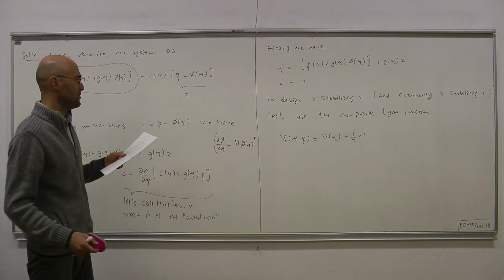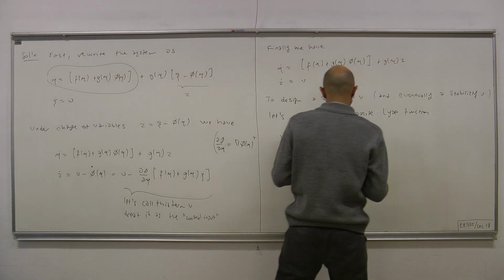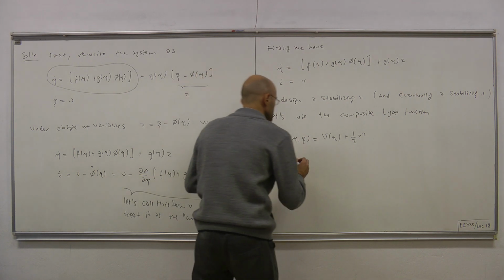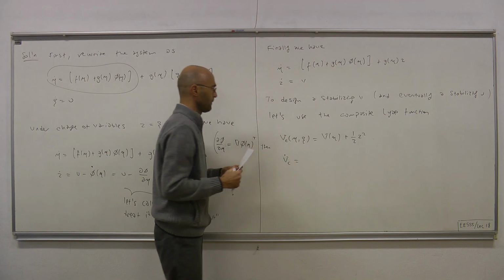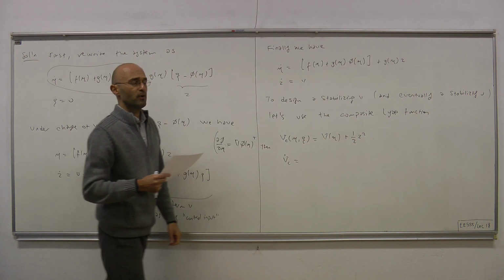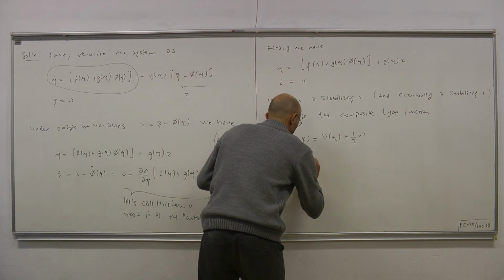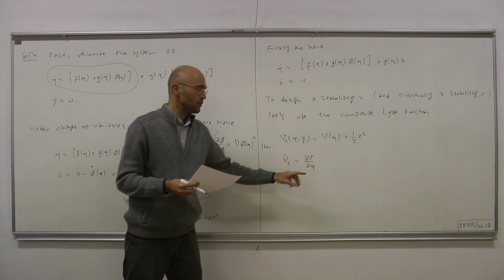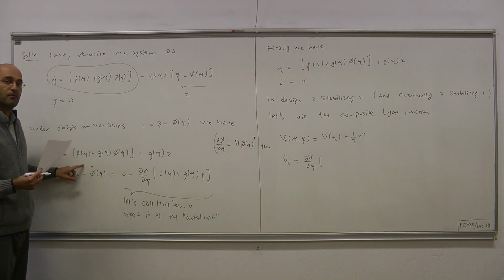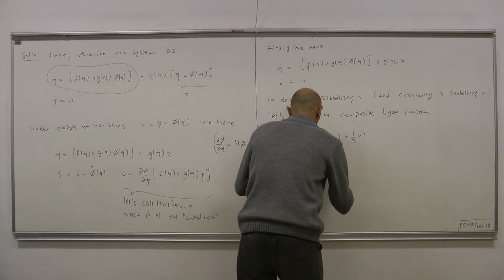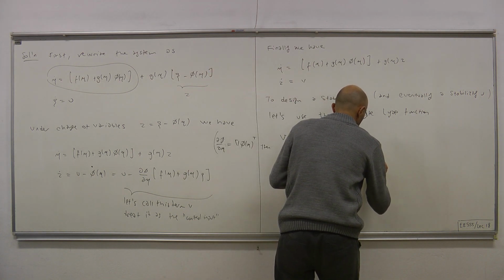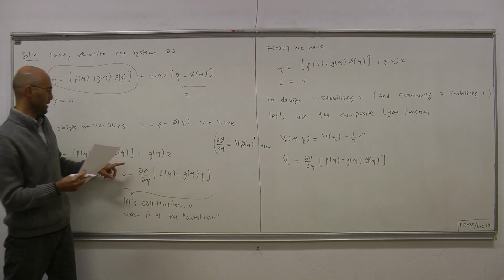Okay, let's go ahead and compute Vc dot. Then we can write Vc dot equals this dot plus this dot, and this dot is the gradient of V taken in a product with eta dot, or this row vector, which is the transpose of the gradient of V with respect to eta, times eta dot, and eta dot is here. f of eta plus g of eta phi of eta, okay, plus g of eta z.